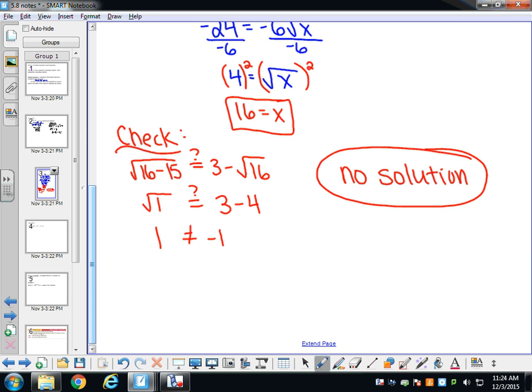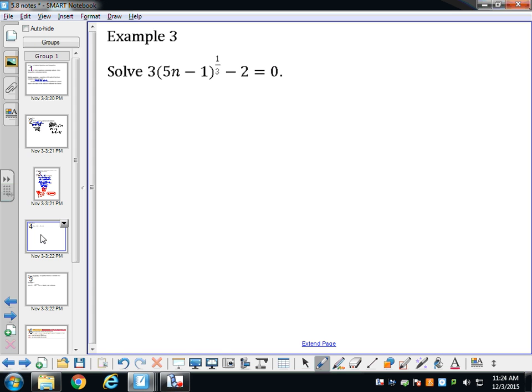Let's try another example. Example 3, solve 3 times (5n minus 1) to the 1/3, minus 2. You can rewrite this so it's in radical form. Now I simply want to isolate my radical again.